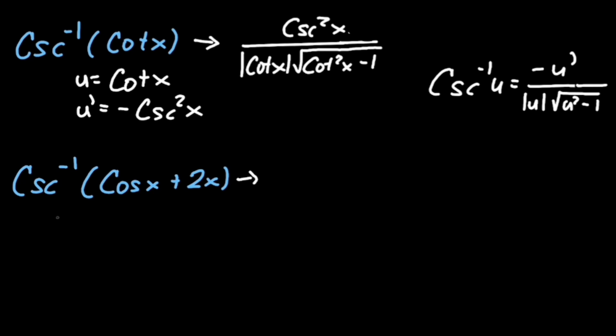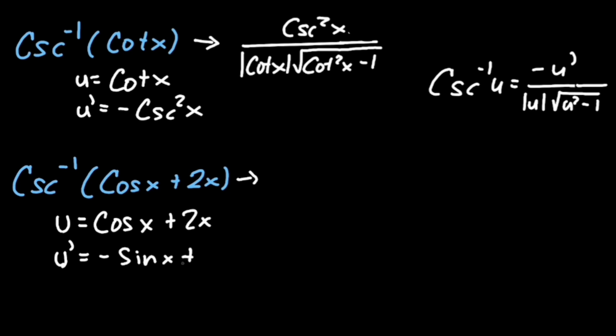For this example, let u here be cosine of x plus 2x. The derivative of cosine of x is negative sine of x and the derivative of 2x will be 2. Plug this again into the formula.